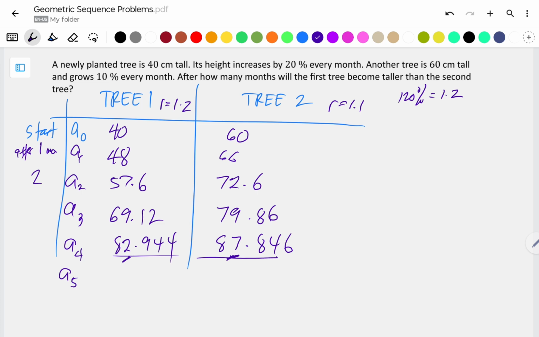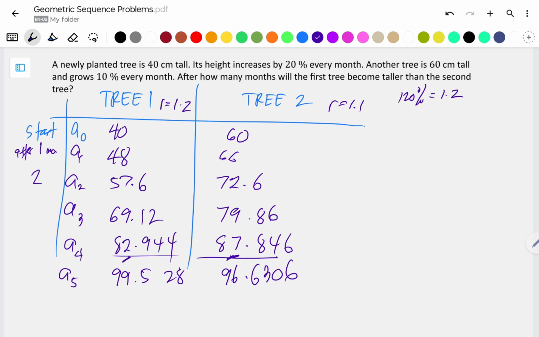Tree number 1 will grow 20%, so 82.944 times 1.2, that will give us 99.5328. And then tree number 2 will grow 10%, so 87.846 times 1.1, that will give us 96.6306.